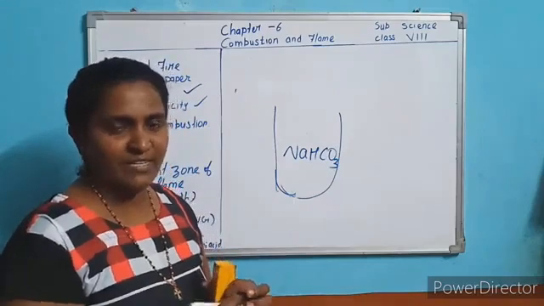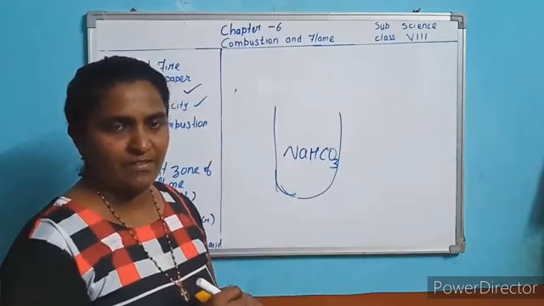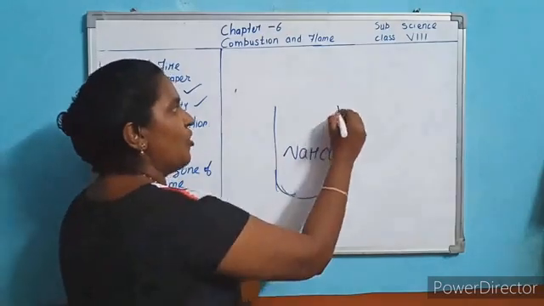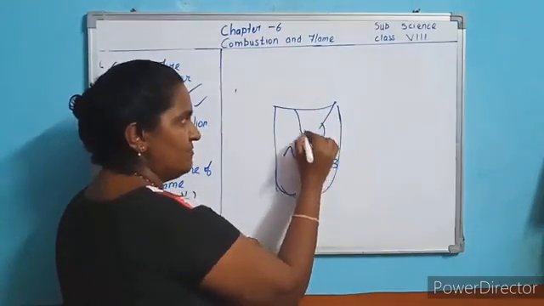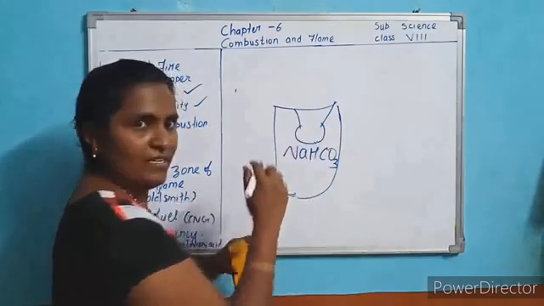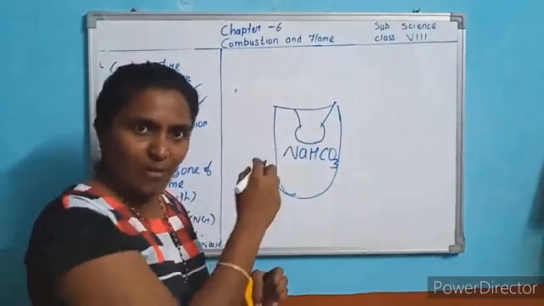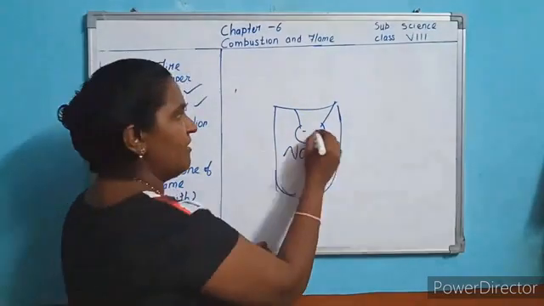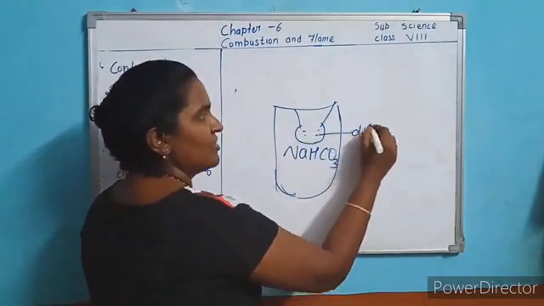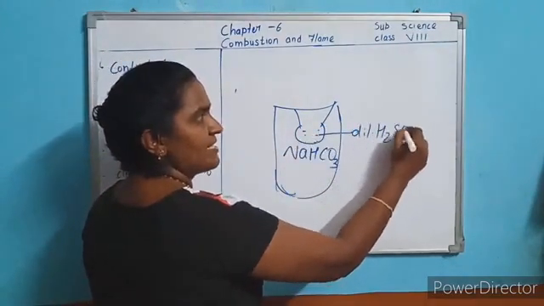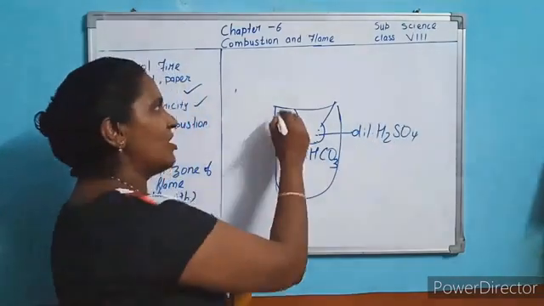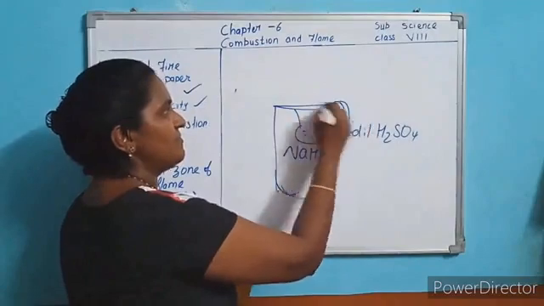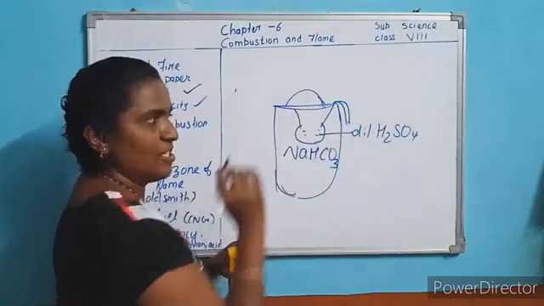Understood? And at the top of the container, they fit one bottle and fill it with dilute sulfuric acid. The top portion is covered.